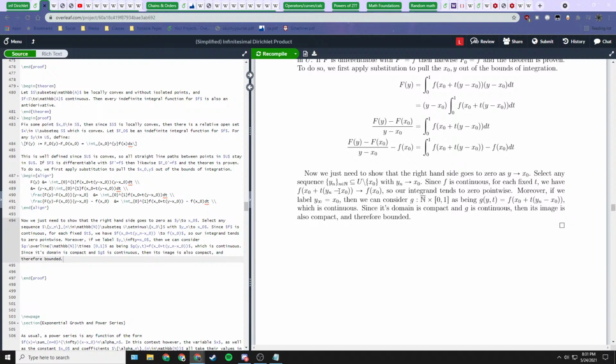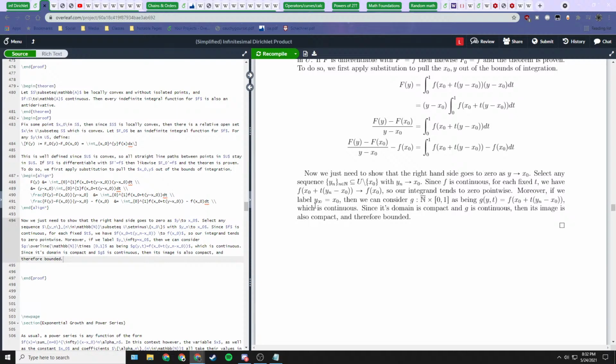So we select any sequence y sub n tending to x0. Since f is continuous, for each fixed t, this function goes to f of x0, so our integrand tends to 0 pointwise. That's because if we plug in x0 for y, this whole thing reduces to f of x0 minus f of x0, and that's 0. So the integrand tends to 0 pointwise.